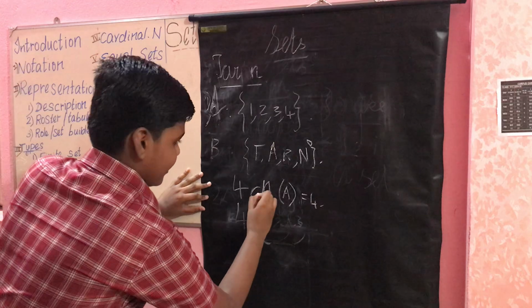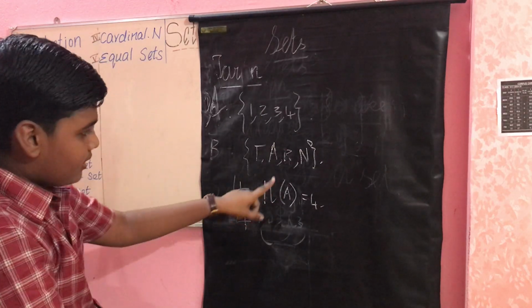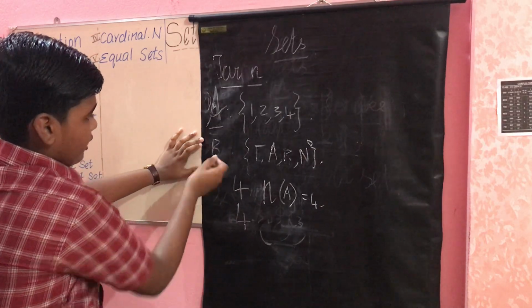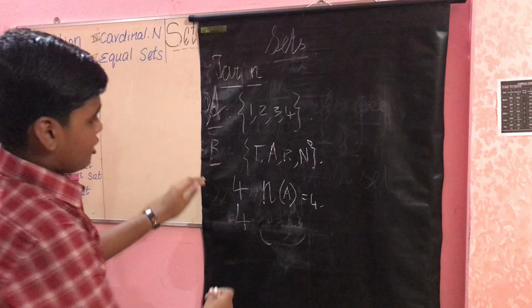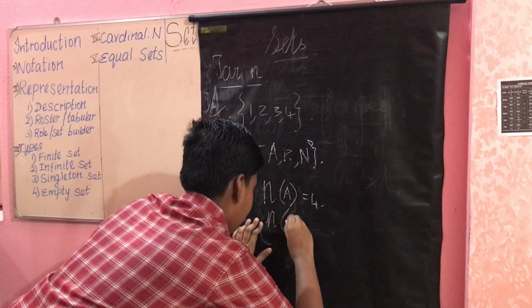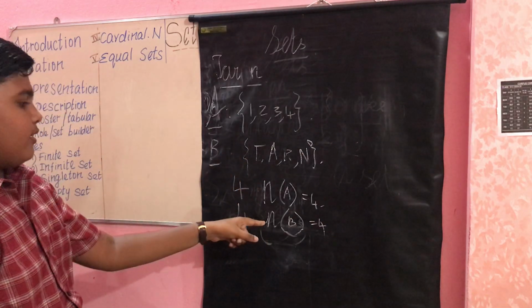Mistakenly don't write like this. See, cardinal number, not like that. Just n, then bracket, then whatever alphabet they gave for this set. So for this also I'll write n.